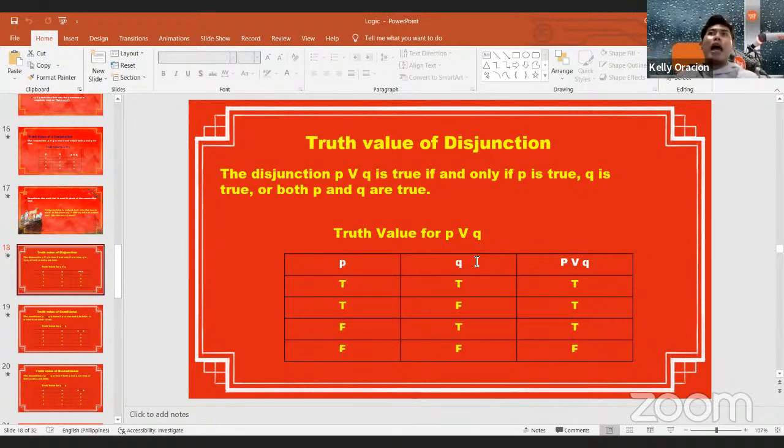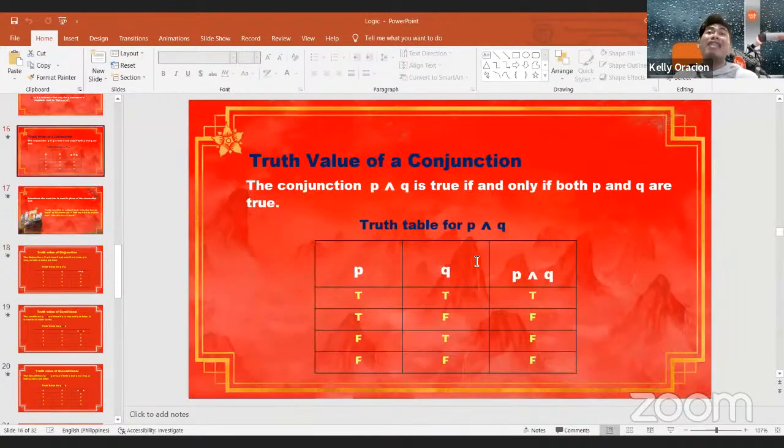It is false only if both P and Q are false. Disjunction is just the opposite of the conjunction. Try to observe the tables of the conjunction and disjunction. They are opposite of each other.